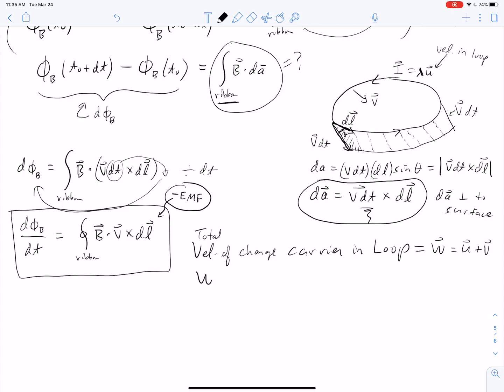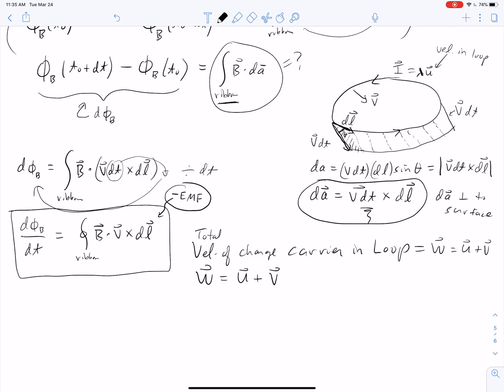So w, the total velocity of a charge carrier in the loop, is equal to u plus v. And that makes sense because it's moving with some u in the loop, and the loop is moving with some velocity v. I'm just adding the velocities. I think that's not tricky.